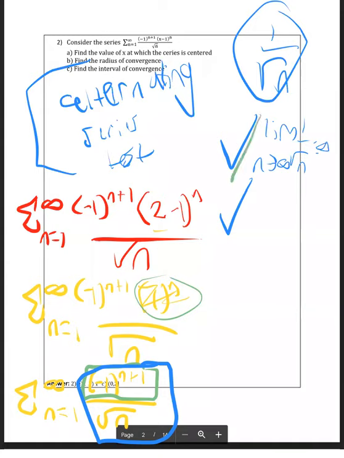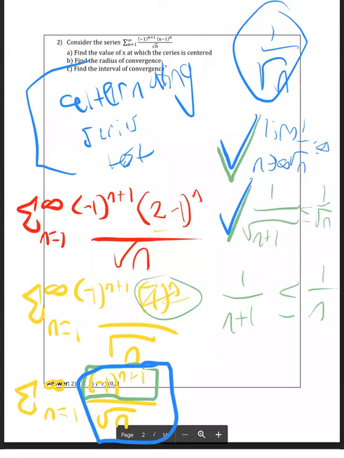The second condition is that the term to the n plus 1 has to be less than or equal to the term to the n. And since the square root of n plus 1 is greater, this one is also true. So because those 2 conditions are met, this converges by the alternating series test.